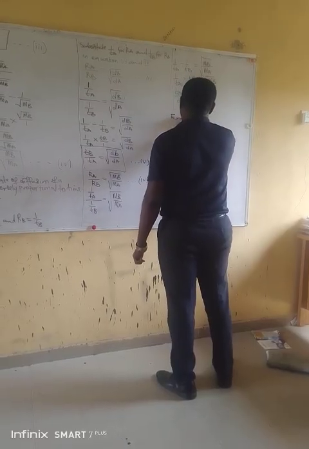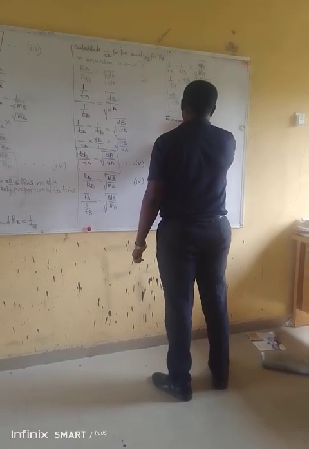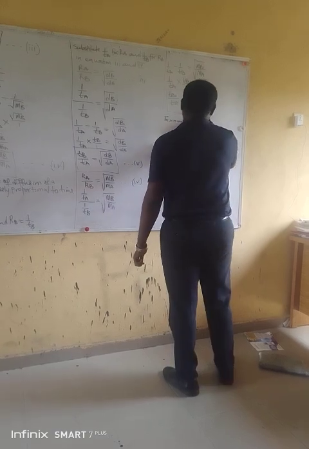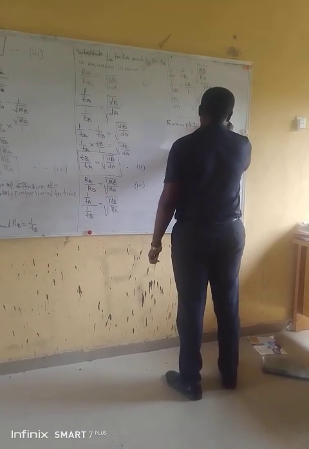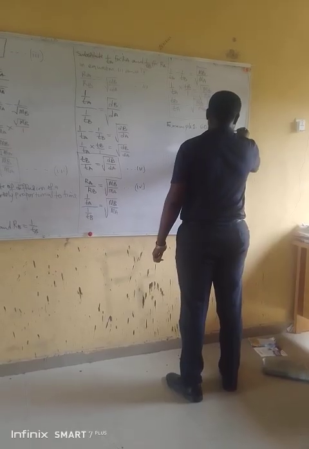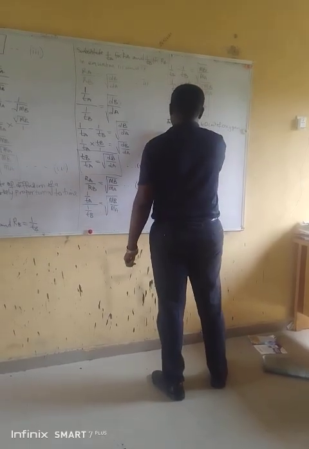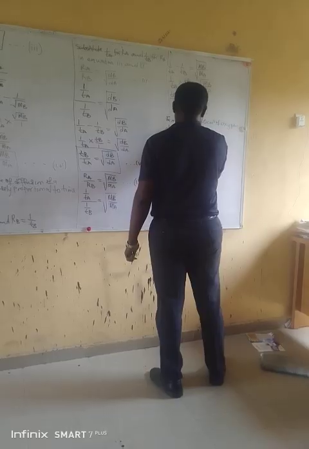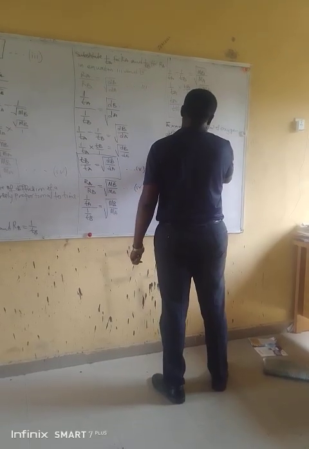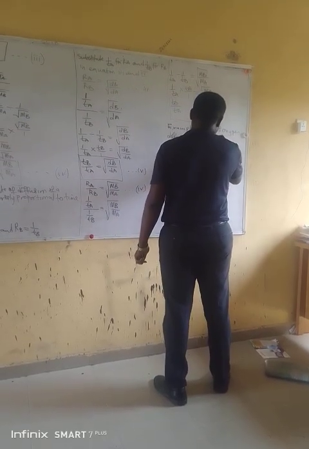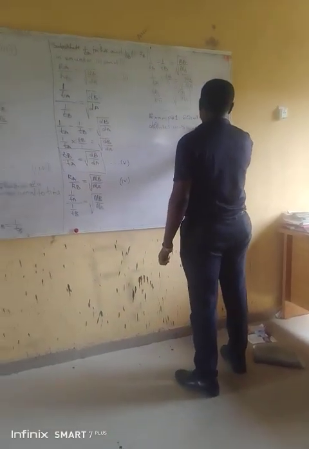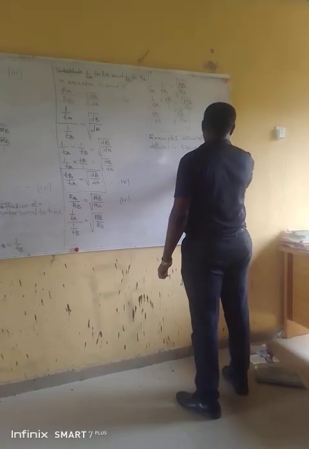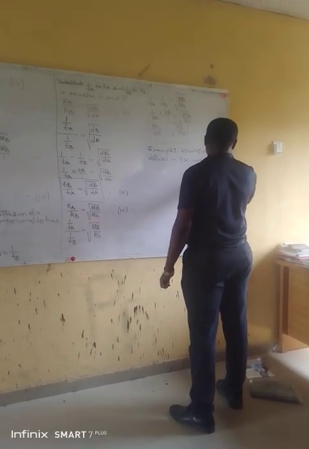Example 1. They say 60 centimeter cube of oxygen diffuses in 5 seconds in a porous plug.